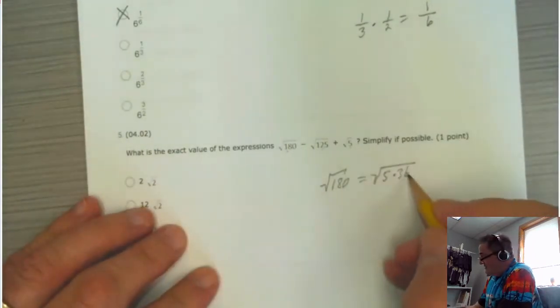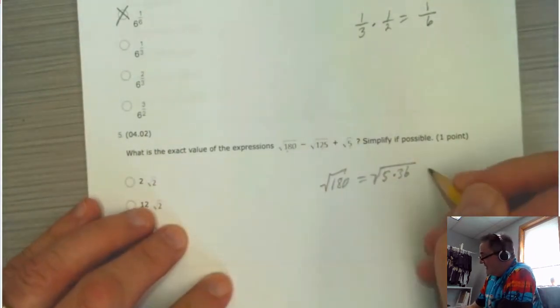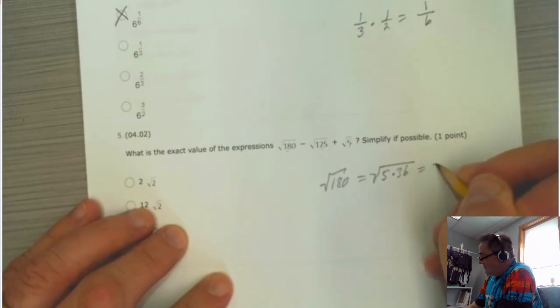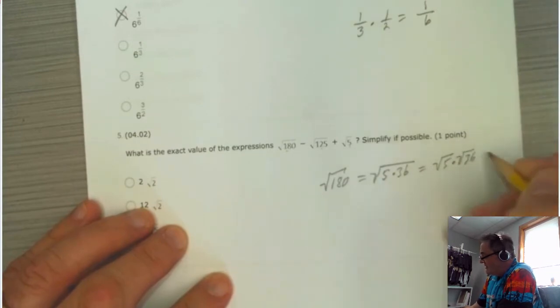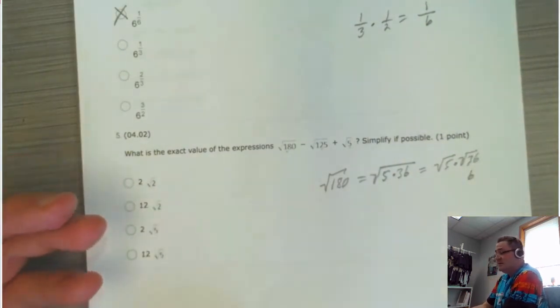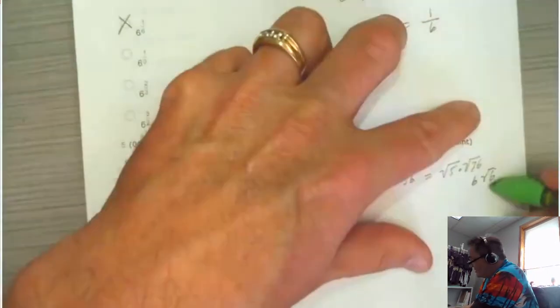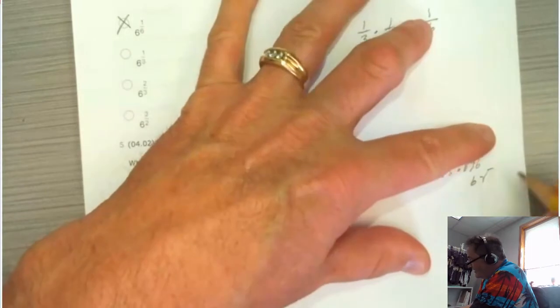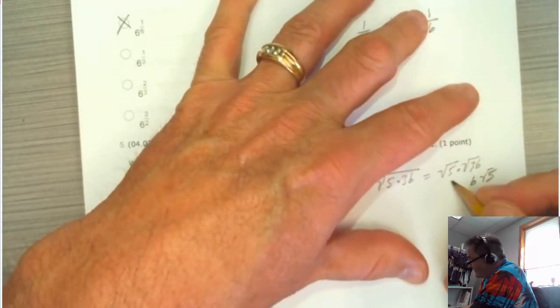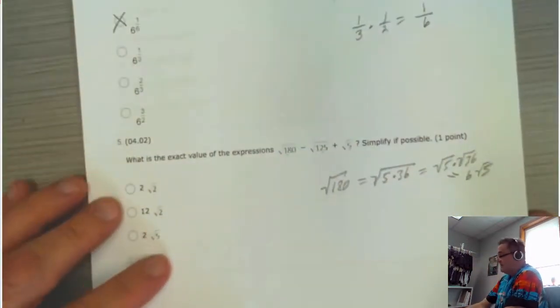And if you have two things being multiplied underneath the radical, you can separate them. Square root of 5 times the square root of 36. And the square root of 36 equals 6, because 6 times 6 is 36. So this is the same thing as 6 times the square root of 5.